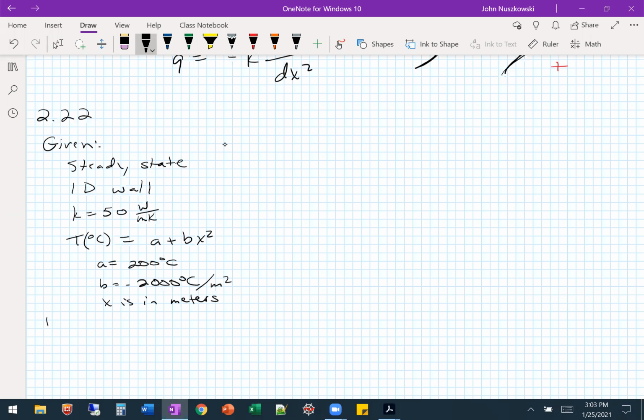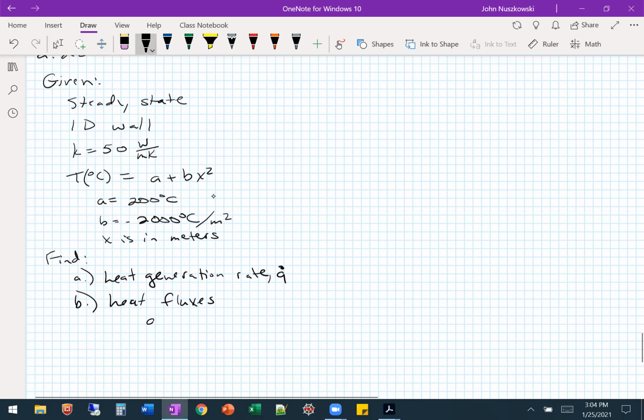They want us to find the heat generation rate, Q dot, in the wall. Generation rate, so that's Q dot. And then part B is determine the heat fluxes at the two wall faces. So heat fluxes at the two walls.